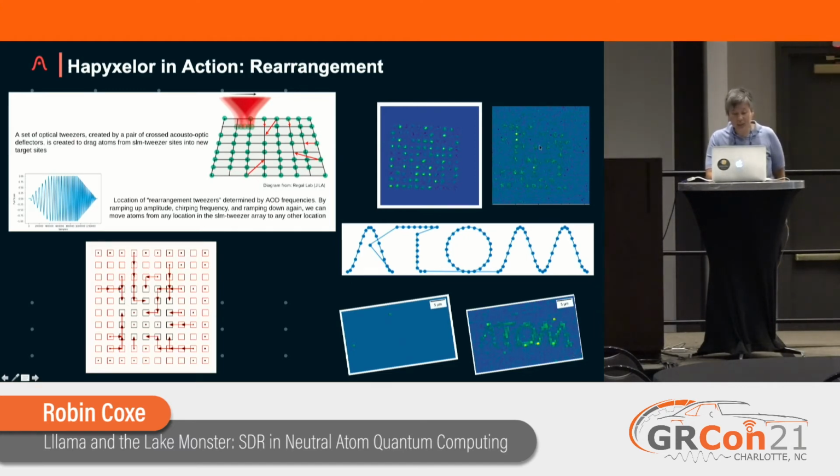And this movie is showing a partially filled array becoming fully populated over time. So that is another fun and very useful application of our SDR.